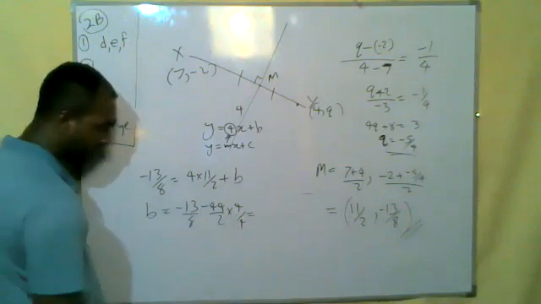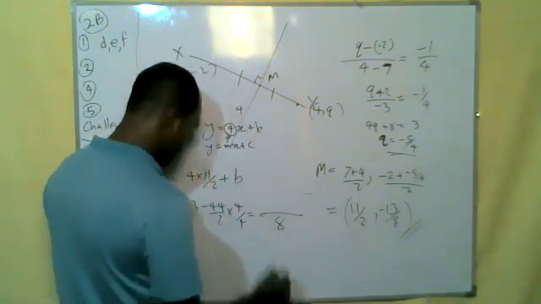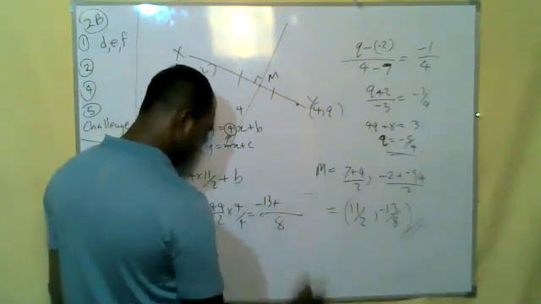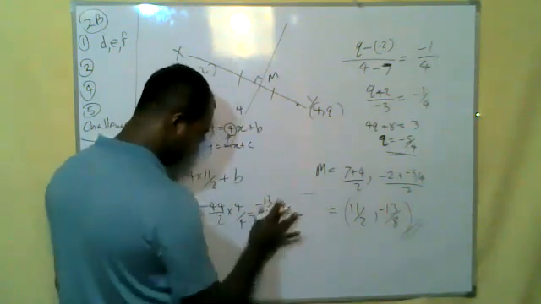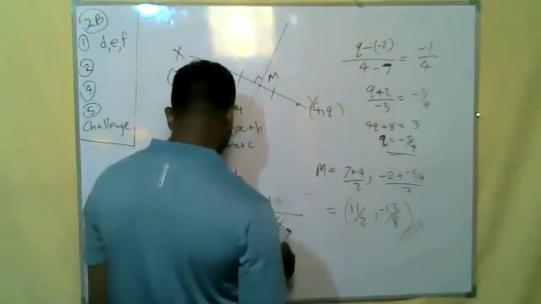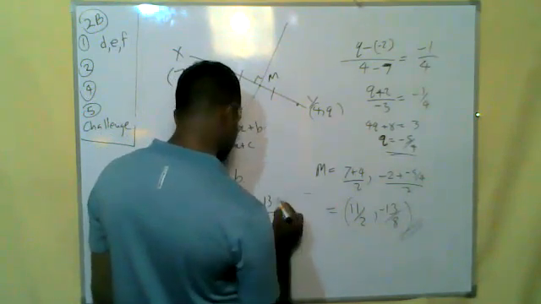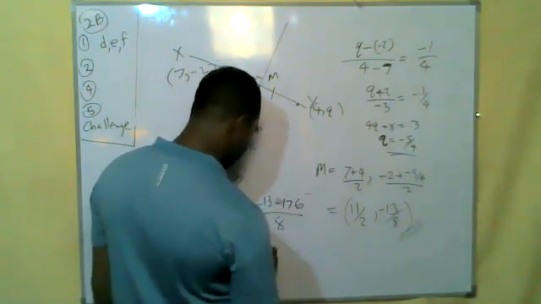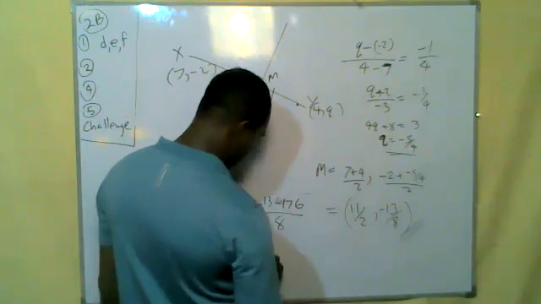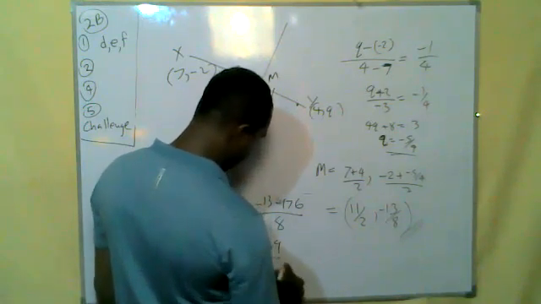So a big value is going to come, huh? Minus 13 minus 176, so we have -189/8.